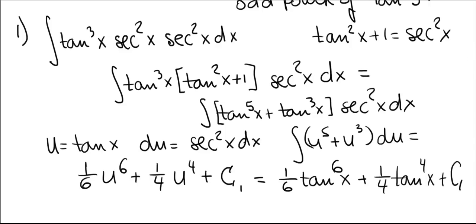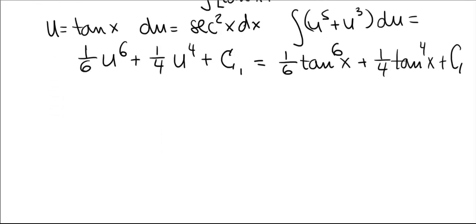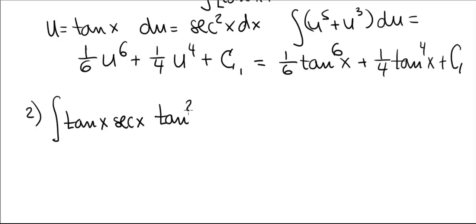The second method, using the fact that the power of tangent is odd, we're going to split off one power of tangent and one power of secant. So originally we had tangent cubed, so that leaves tangent squared, and we had secant to the fourth, that leaves secant cubed.